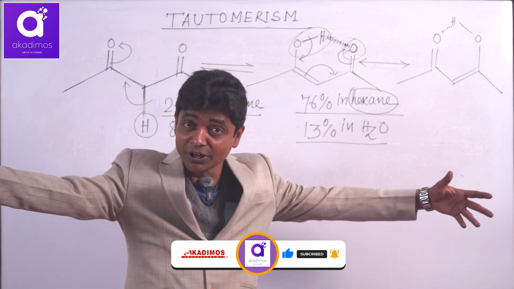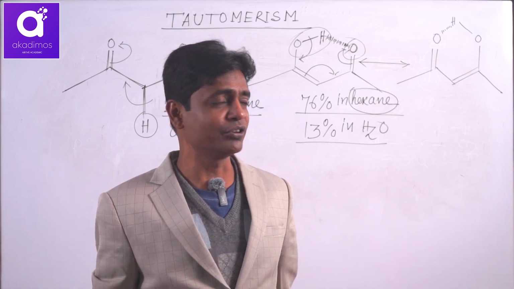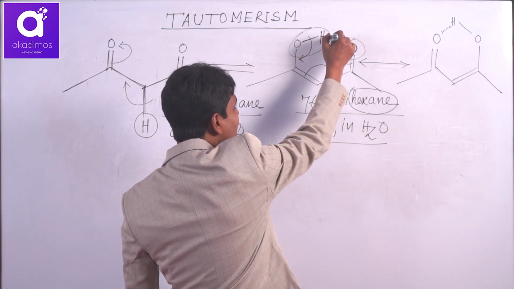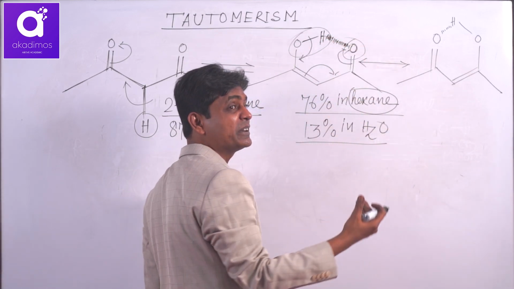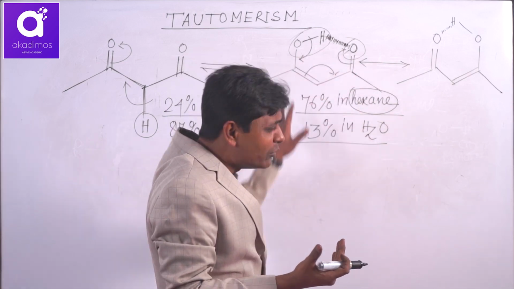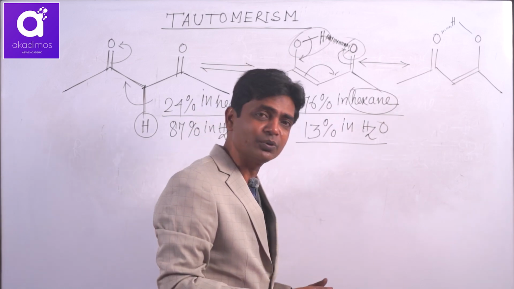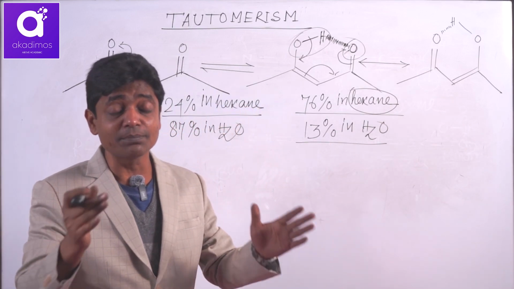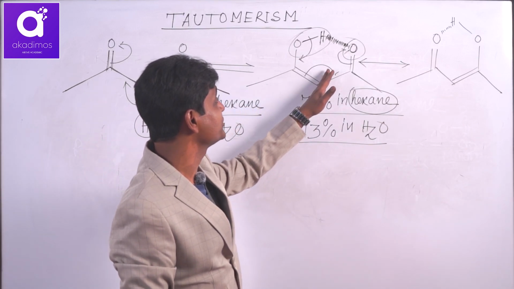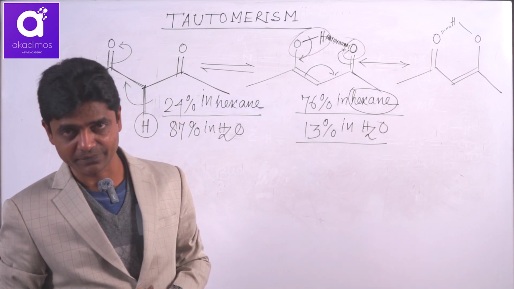So when they are involved in hydrogen bonding with the surrounding water, automatically intramolecular hydrogen bond efficiency becomes weaker and the ring will not form. The ring is very weak. That's why, with increase of polarity of the solvent, the percentage of enol decreases.